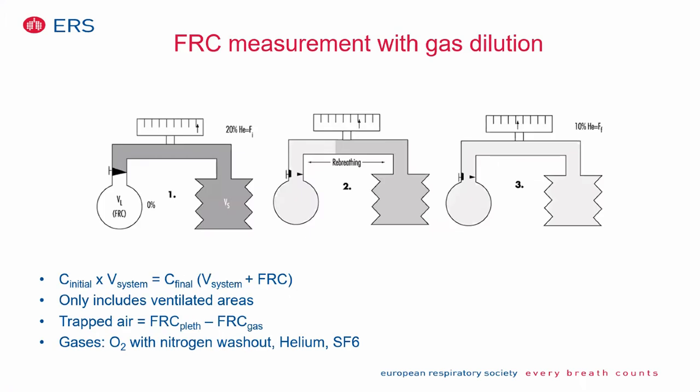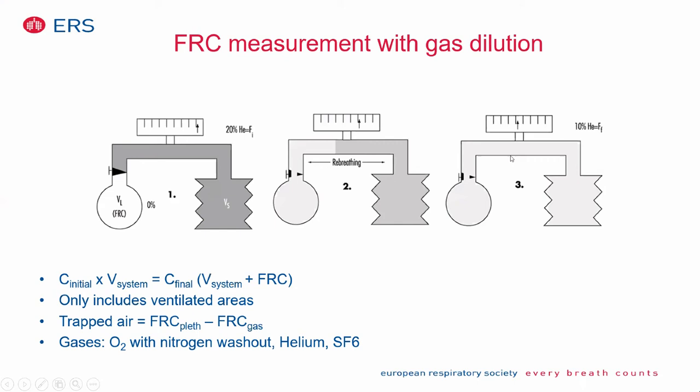If you have 2 containers and you know the volume of one, this one, where you have a concentration of a gas, and you would like to know the volume of the other one, which is the lung volume, where you breathe slowly, then you do a complete breathing, breathing until you get an equilibrium of these two gases.